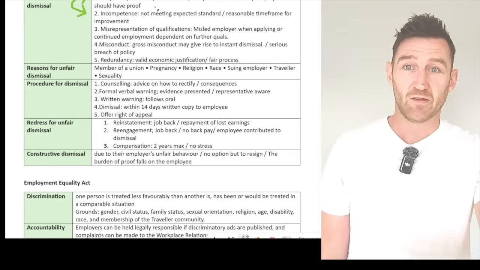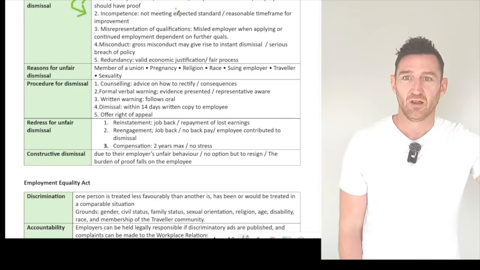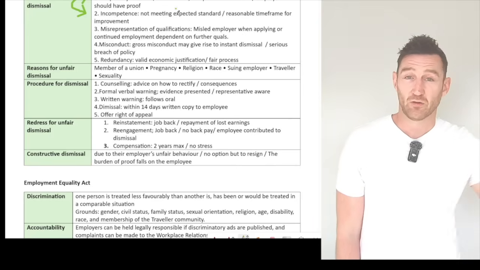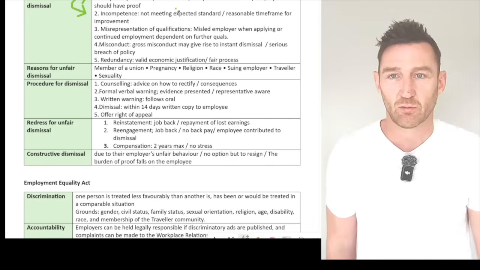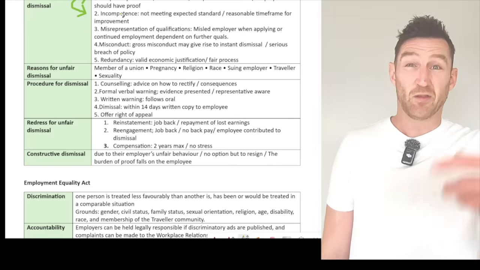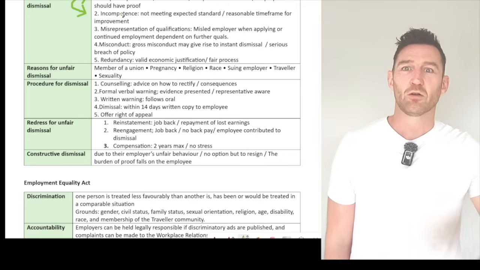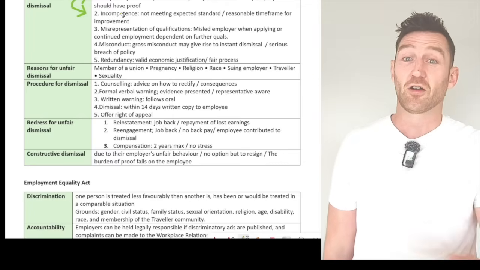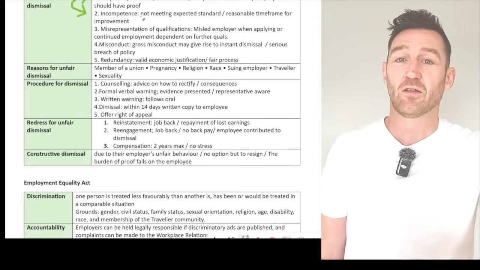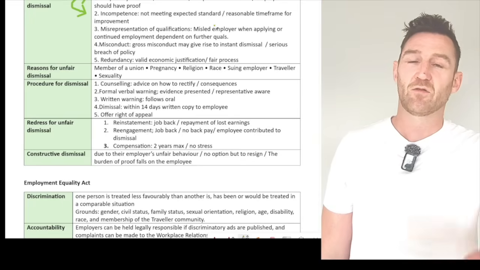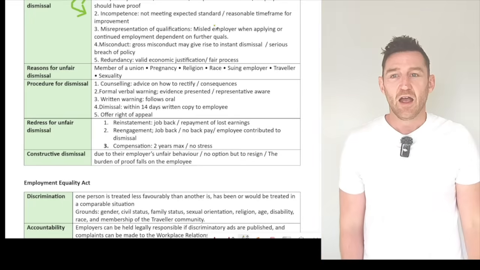So it's that you're persistently late, persistently absent, and your employer should be able to prove this person is always late. So they have to have clocking in records or whatever it is. Incompetence then is the one where you're actually not able to do your job. You're not going to say that though, you're just going to say you're not meeting expected standards, but really importantly, a reasonable time frame for improvement has to be given, right?